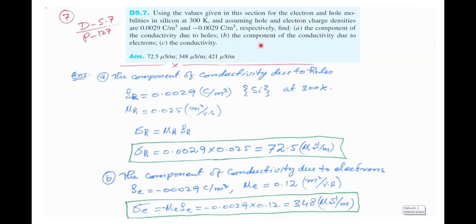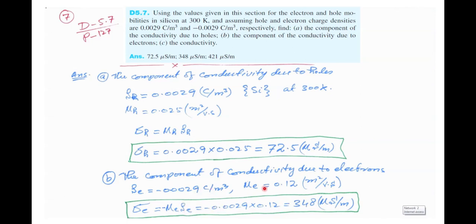In part B we are asked to evaluate the component of conductivity due to electrons. We are given the concentration of electrons and mobility of electrons in silicon at 300 Kelvin, and we know that the conductivity of electrons is equal to minus mu e rho e. Remember that the mobility by definition is positive, but the charge concentration is negative.